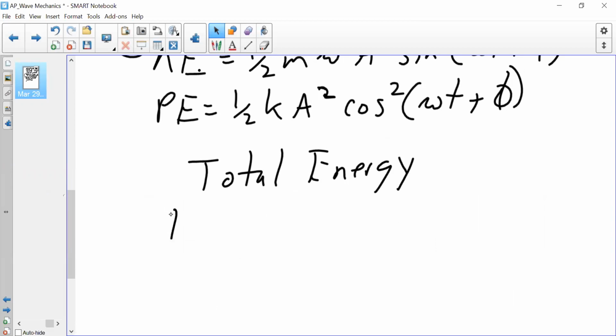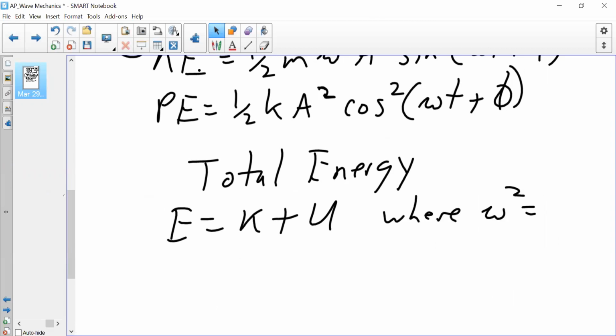Total energy. So in simple terms, K plus U. Now again, this term, omega squared, is k divided by m. We only get that from the solution of the differential equation for the mass spring system.